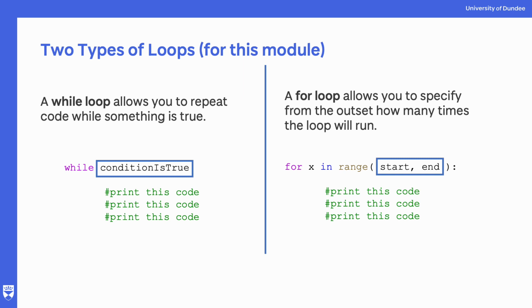So a while loop can run on forever. A for loop allows you to specify how many times that loop will run. If you know how many times, you say for everything in the range between these two numbers, then repeat the code that many times.